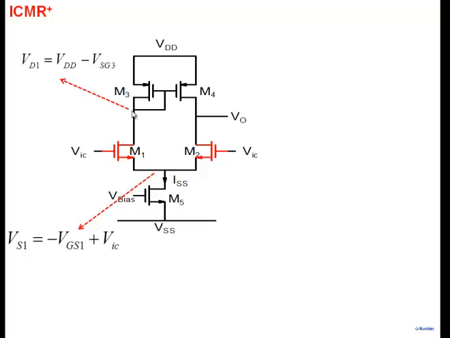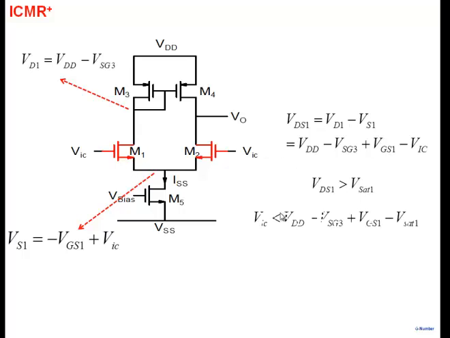The voltage at this particular point is VDD minus the source-gate voltage drop here, VSG3. And so our interest is in VDS of this transistor. So we write down VDS1, which is equal to VD1 minus the source voltage here. And so we write it down: VDD minus VSG3 plus VGS1 minus VIC. And we have to make sure that this VDS1 is always larger than saturation voltage, VSAT1.